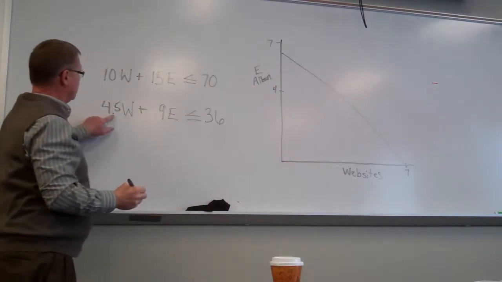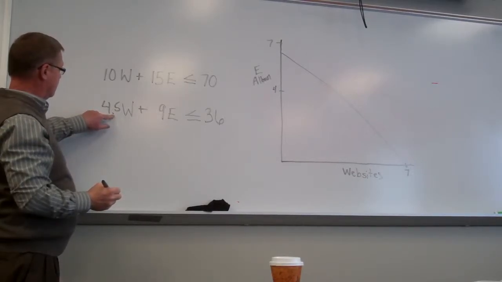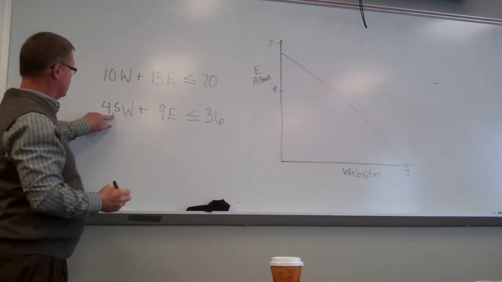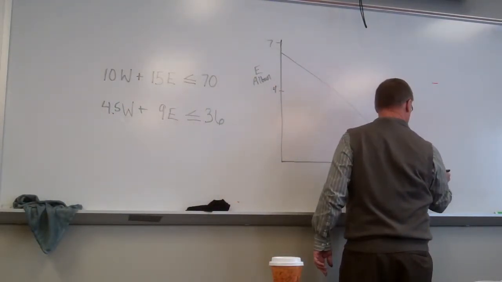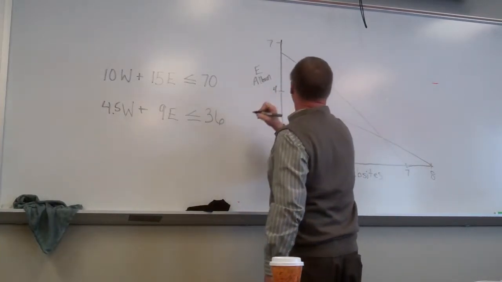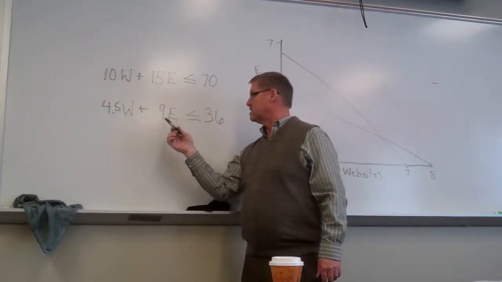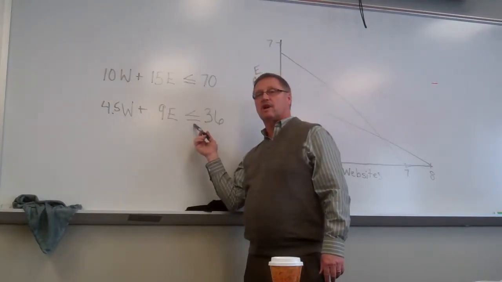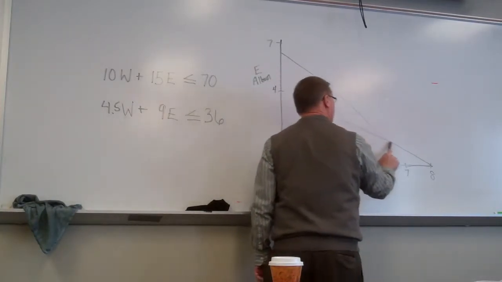Or if you did, let's see, 8 of these. If you change this to X's and Y's and rearrange it so that you could graph it with your grapher, I predict you're going to get a graph something like that.